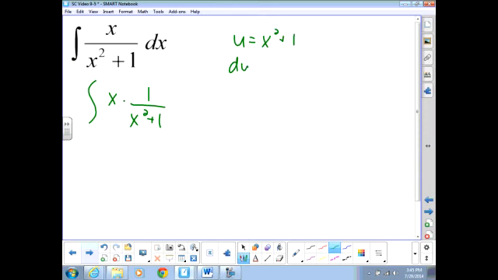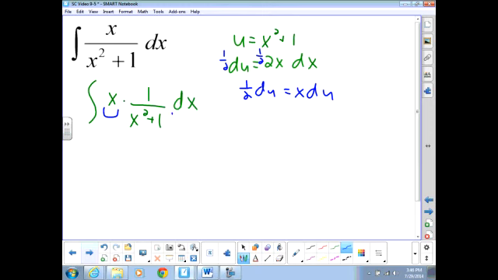That means that du is equal to 2x dx. Well, we've got the x and the dx. We just need to multiply 1/2 on both sides, so we get 1/2 du equals x dx. So our x and our dx will get replaced with 1/2 du.